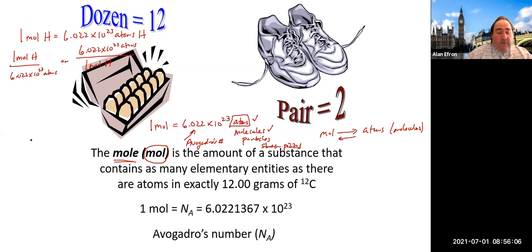We could do that for really any element. We could say 1 mole of copper would have 6.022 times 10 to the 23 atoms of copper. And again, we can also write two conversion factors for this, just like above, one of them putting Avogadro's number up on top.